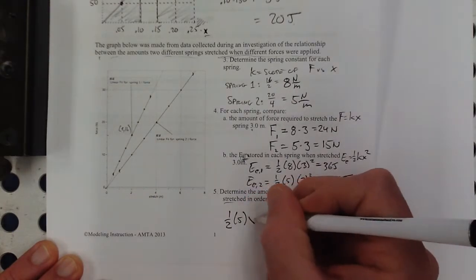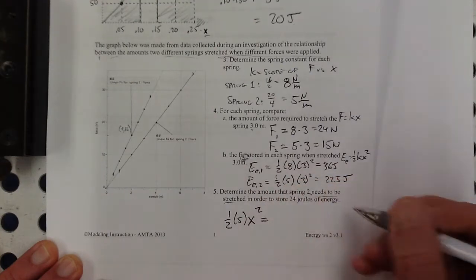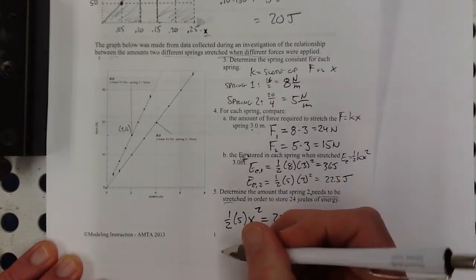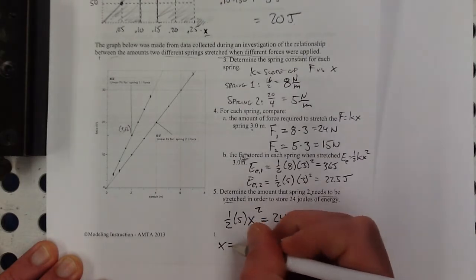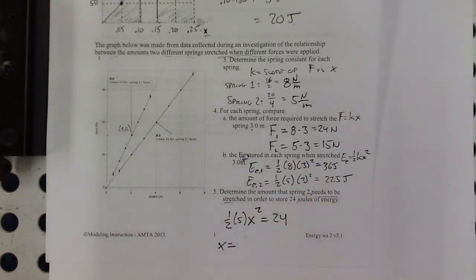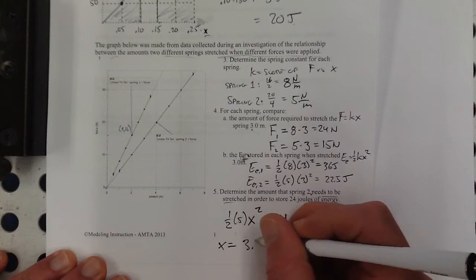I don't know how much stretch, but I know I want it to have 24 joules of energy. So just going to do a little math. 5 times 1/2, that's 2.5. So then 24 divided by 2.5. And then I'm going to take the square root of that because I'm interested in what x is. It's about 3.1.